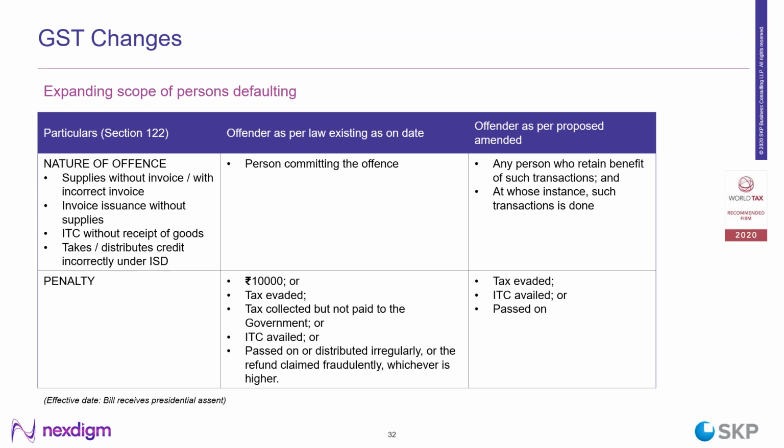So this amendment has been brought about to state that any person who retains the benefit of any such fraudulent transaction, and at whose instance or behest this transaction is committed, would also now be under the penalty net. And the penalty would be equal to the ITC availed or the tax evaded or passed on, as the case may be.